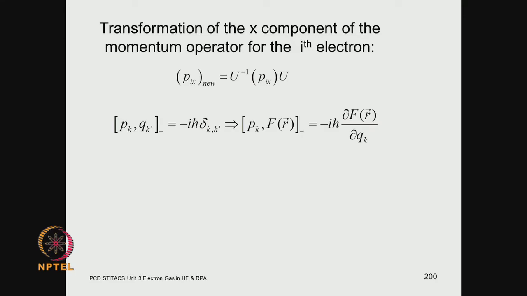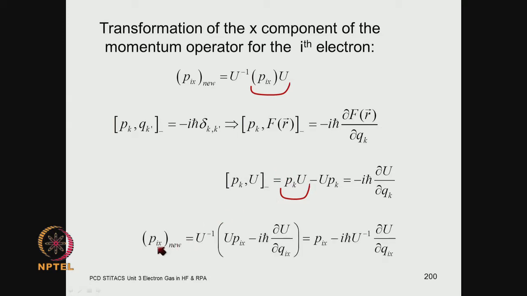Again, we make use of the same result, which means that pU will be given by minus iħ ∂U/∂q. It is exactly the same thing that we are doing now, and this is the term that we need here, it is coming over here.